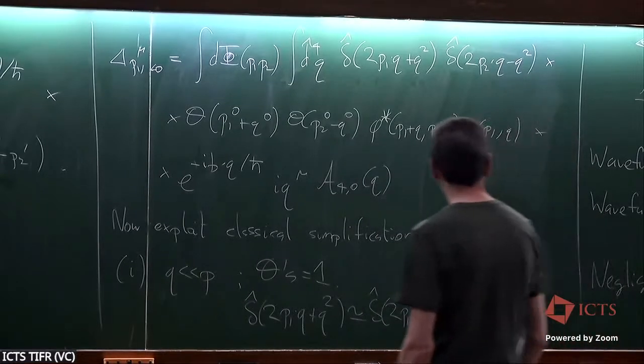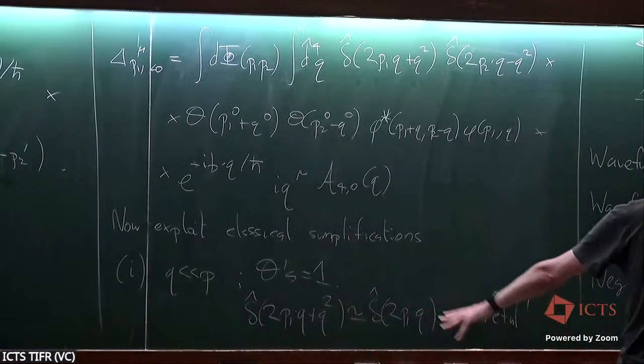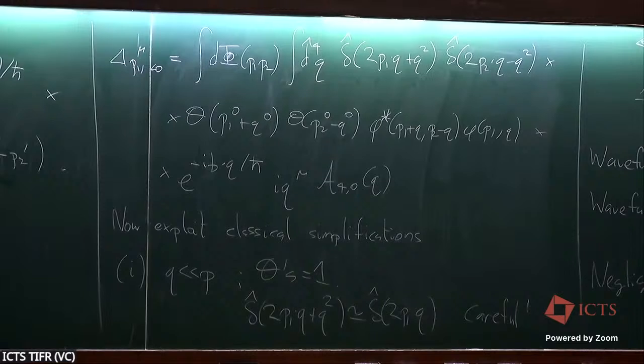Okay. The second simplification I get to exploit is exactly the one I'm about to rub out: the size of the wave packet is very large compared to the Compton wavelength of the particles.